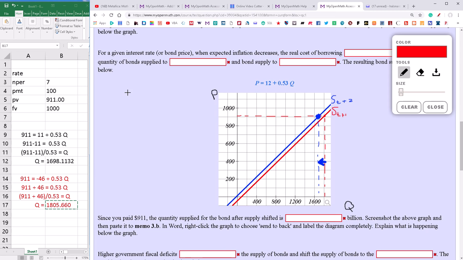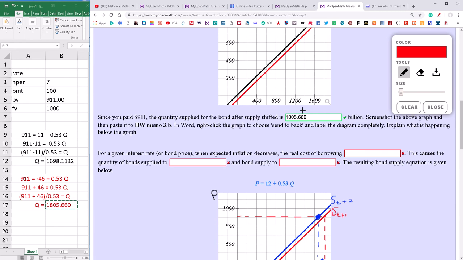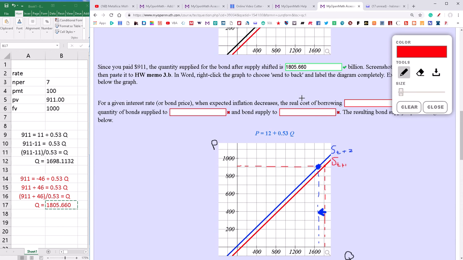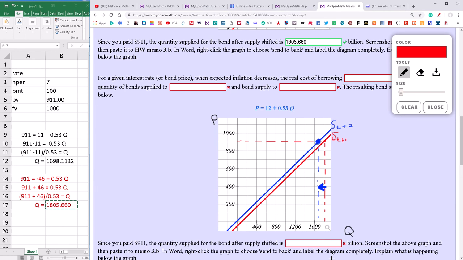Originally, the quantity supplied in this period is 1806, right? 1806. We've got to figure out what the new quantity supplied is.